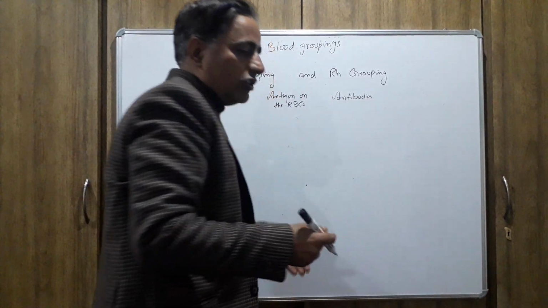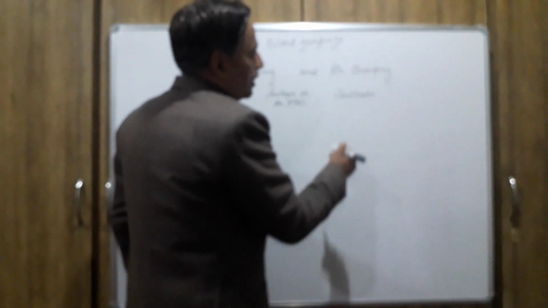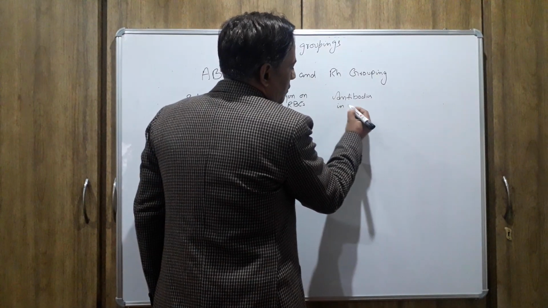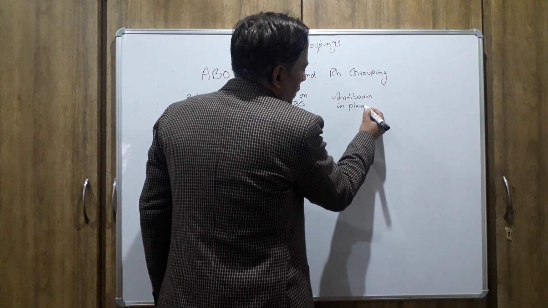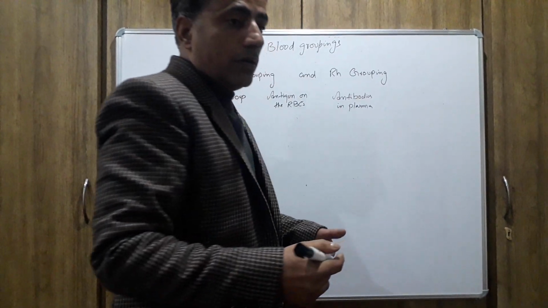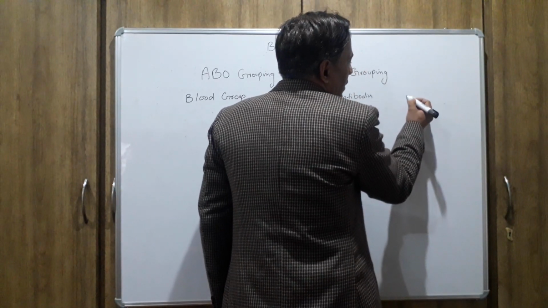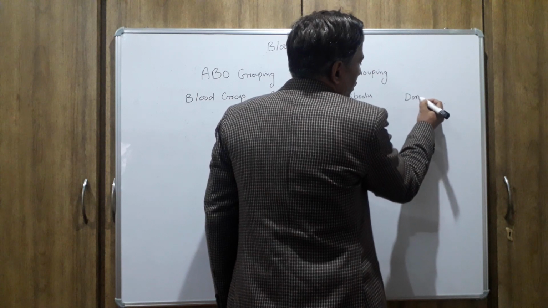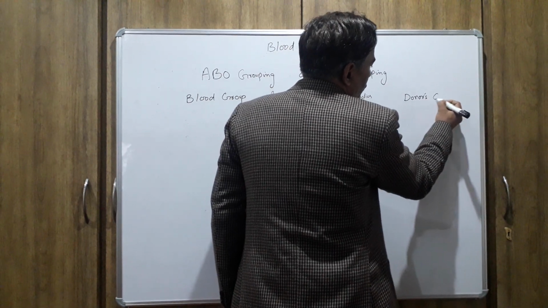Where are antibodies present? They are present in the plasma. And what should be the blood group of the donor? So we would write here the donor's group.